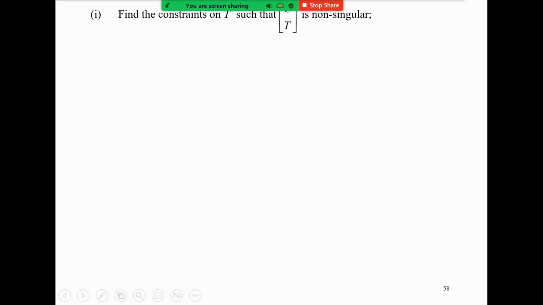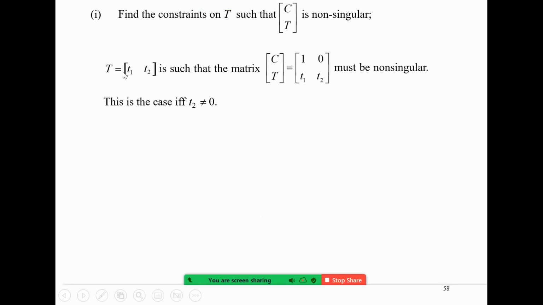Okay, now the first step, we need to find out the constraint on the transformation T, right? But we know, of course, T is a row vector because there is only one state variable to estimate, so it's just one row, but it's a second order system, so it involves T1 and T2, such that this matrix, say T, C is 1, 0, so therefore T, of course, will be just T1, T2.